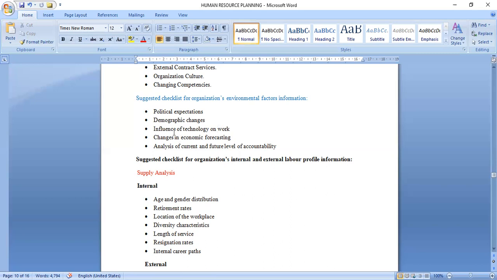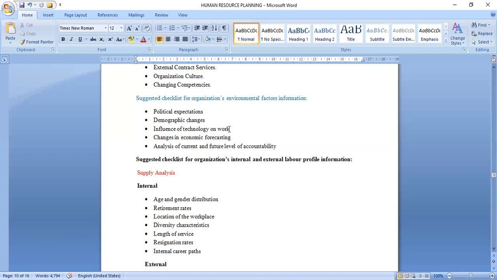And then the influence of technology on work. We've already seen that technology has a lot to do with determining the human resource planning process, whereby, of course, increasing technology will definitely require people with skills matching the appropriate change in technology.